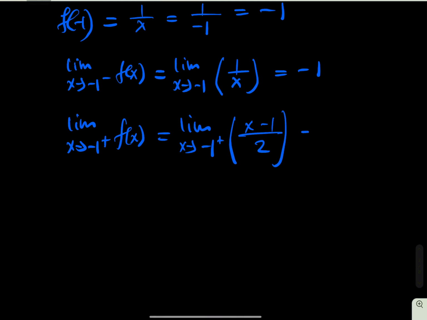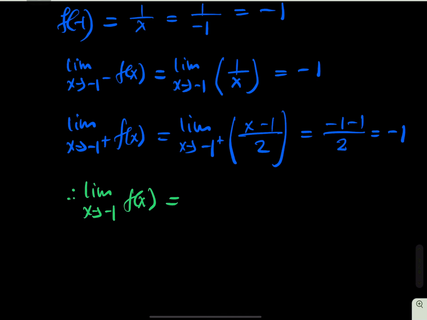If you plug -1 there, you're going to get -1 over 2, and you get -1 as the answer there. So you can see that the limit does exist. So the limit as x goes to -1 of f at x is equal to -1. The limit does exist in actual fact.